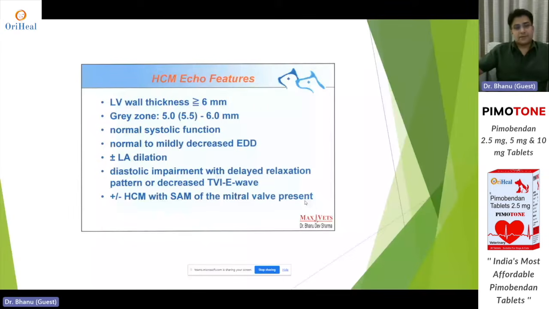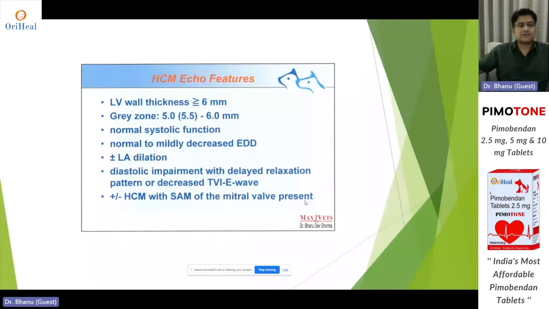From the practical point of view, many times when I do echocardiography for HCM cats, the left ventricle lumen appears to be small, because this leads to a hypovolemic heart, and the increased thickness of the left ventricular walls can make the end diastolic diameter look very decreased in a lot of these cases.